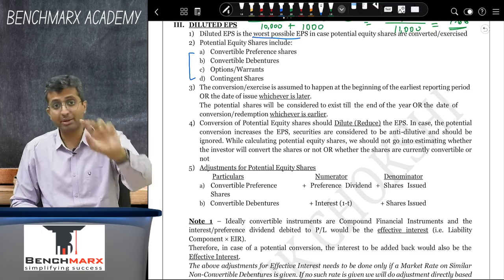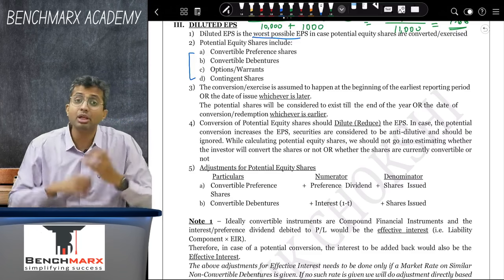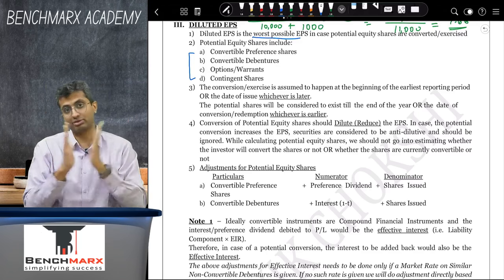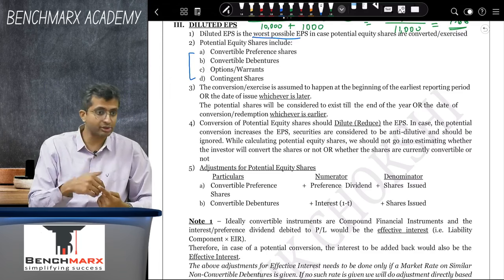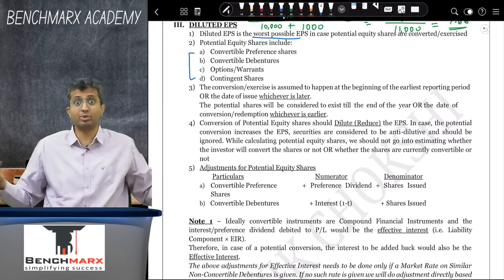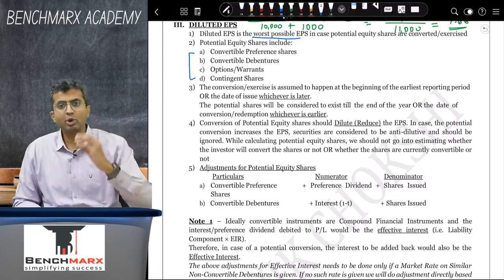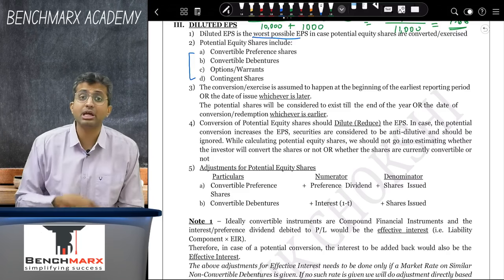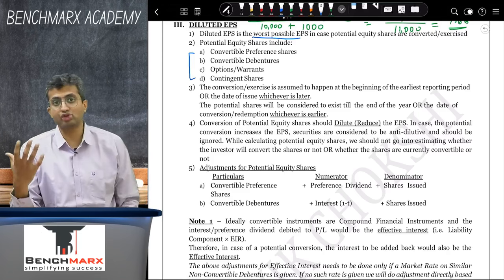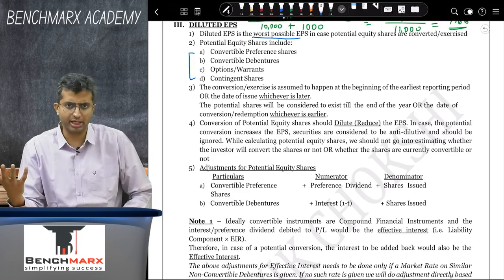There have been questions in the past in the exam as well as in your study material where the institute has given multiple conversion ratios. It has said that the conversion might happen into 135 shares or 120 shares or 115 shares or 110 shares. We don't know. So the standard over here says that you take the worst possible picture, which means which conversion ratio will result in the maximum possible dilution.